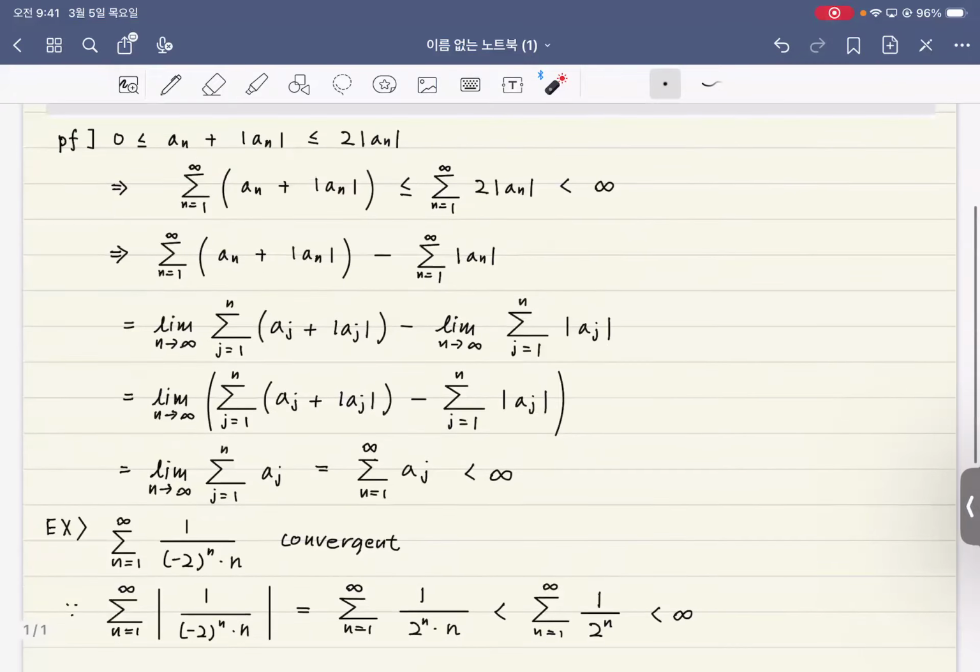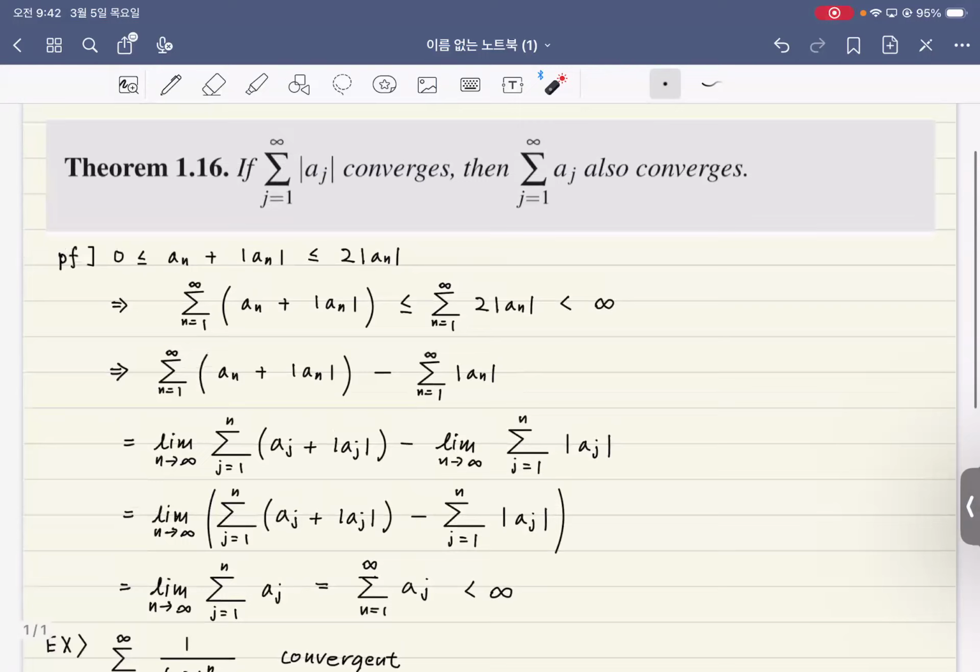So this theorem is very useful, especially when your series contains negative and positive numbers.